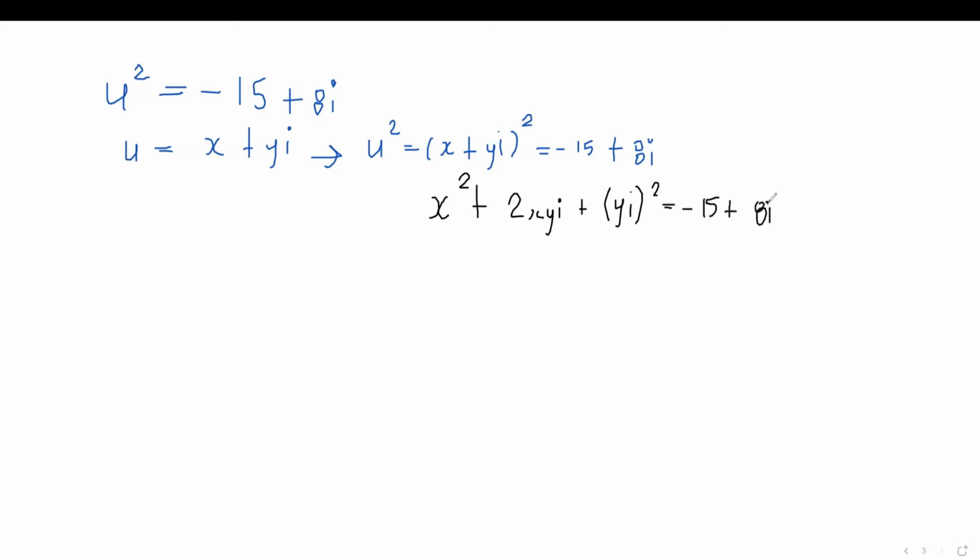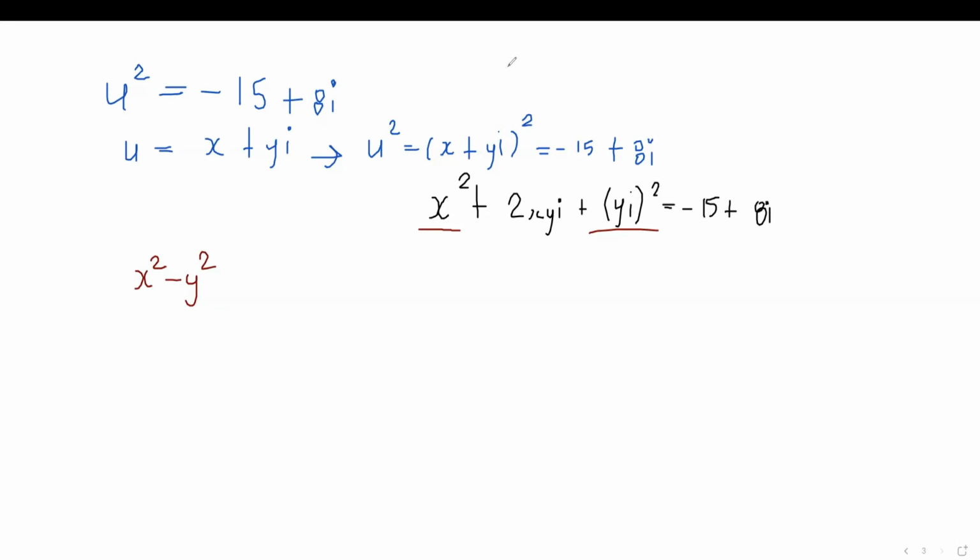Since this is what we have now, we can equate our real parts. The x squared plus the yi all squared, if you expand this, becomes x squared, and this is then minus y squared, because the i squared with the y squared is times negative 1.